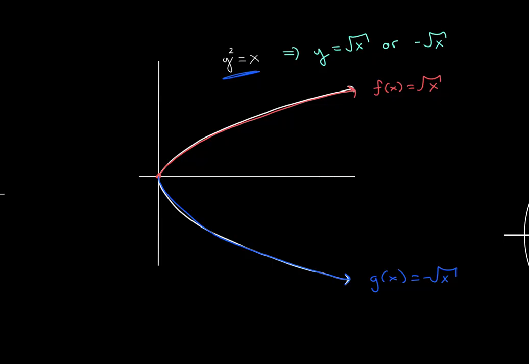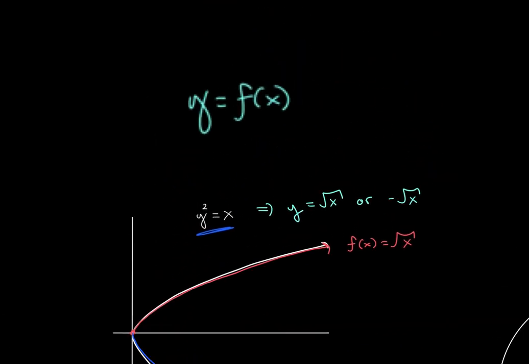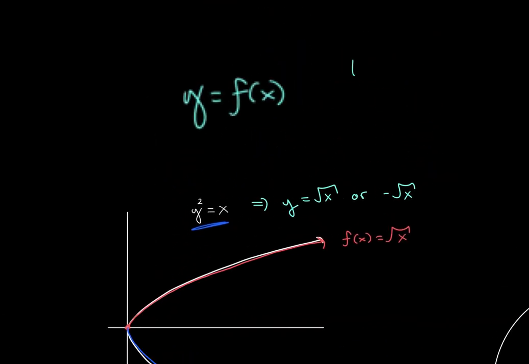So let me write this down. We want to be able to find y prime in the implicit case.